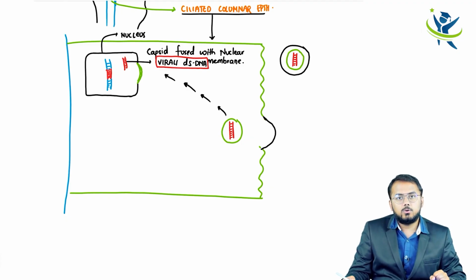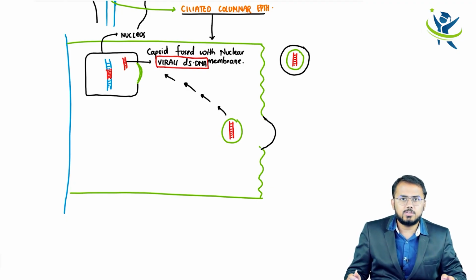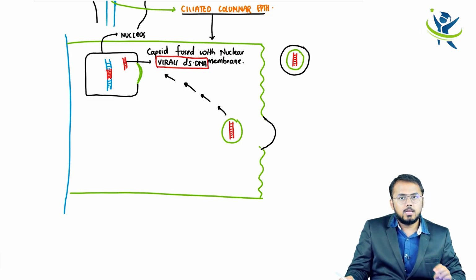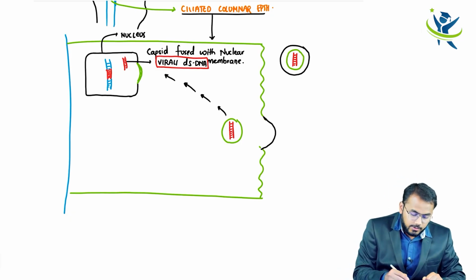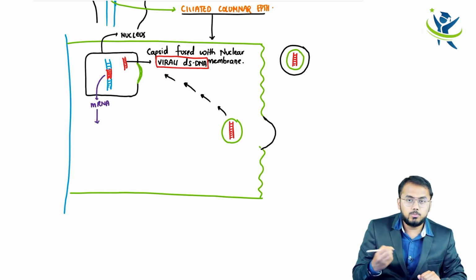Once it fuses with the host DNA, the viral DNA completely manipulates the host DNA. The main function of DNA is to code for mRNA, right? What is the function of mRNA? To synthesize proteins.